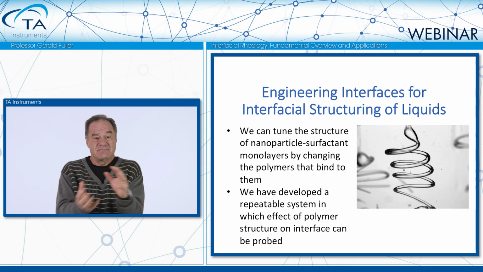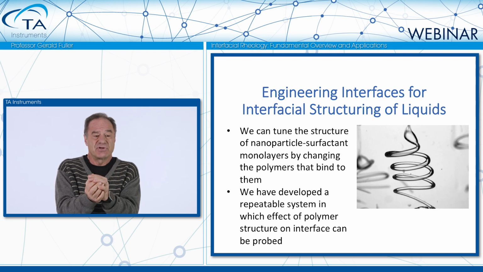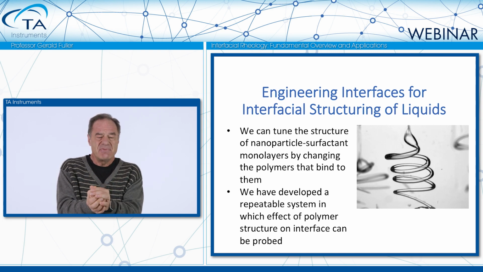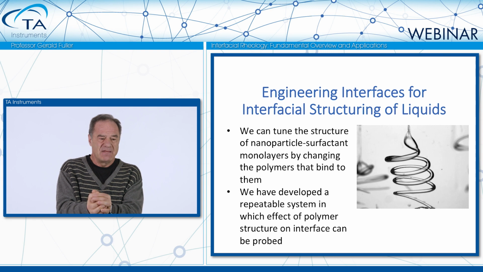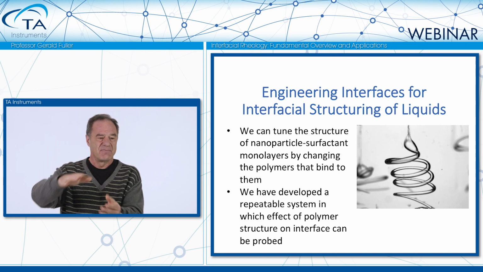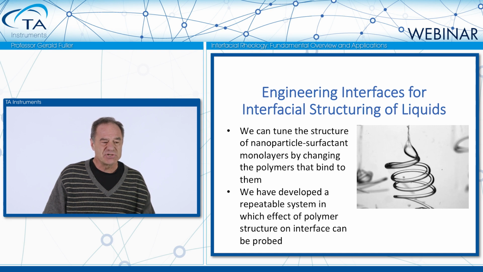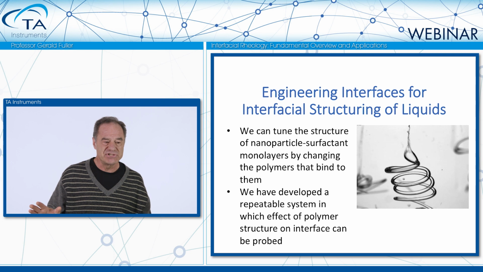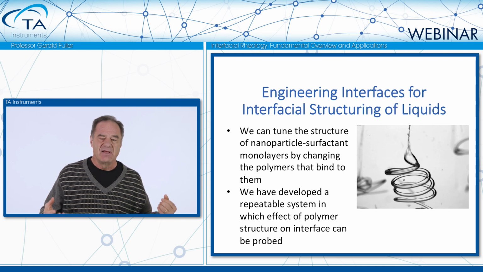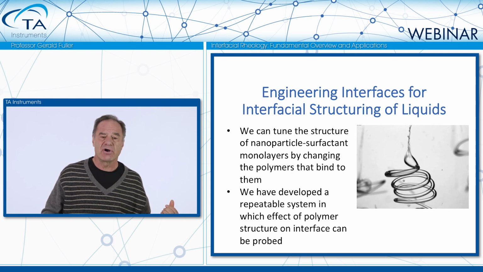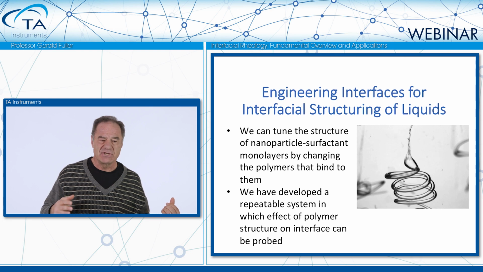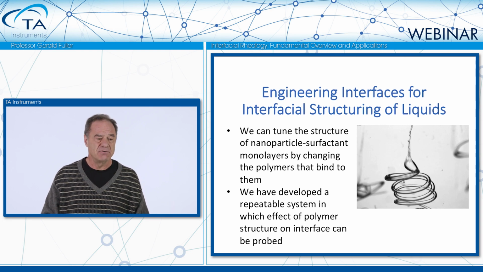But it doesn't contract back up to a spherical droplet. Something's keeping it slender. You can see it slowly compressing. Well, this interface has been structured by a nanoparticle-surfactant monolayer combination that creates what's called a Janus particle on that surface, and you get a very, very viscoelastic film.